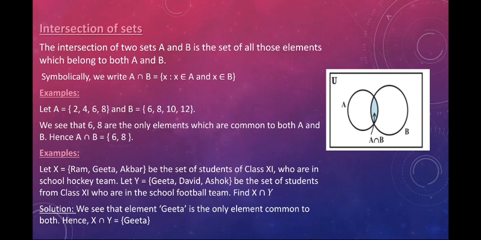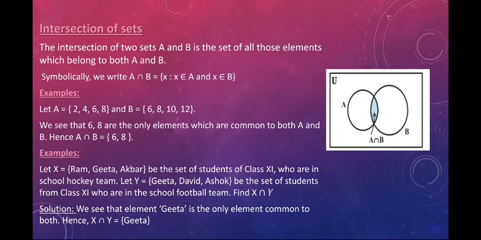By Venn diagram, suppose this is A, this is B. First circle represents A and second circle represents B. As you can see in the figure, this orange portion is common to both circles. So this orange portion is considered as A intersection B. So this is the proper Venn diagram for A intersection B.